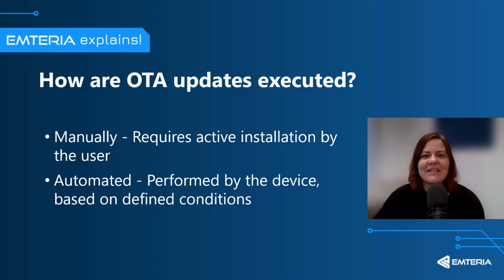They are performed by the device based on defined conditions such as time. Specific update schedules help to update devices at night or when they are not currently used to ensure their uptime, right? So automatic OTA updates are useful especially for single-purpose devices that are constantly used by different users. A good example are public ticket vending machines.